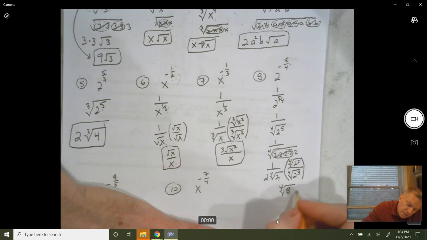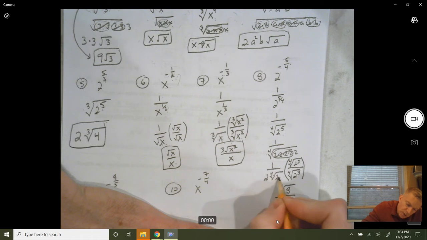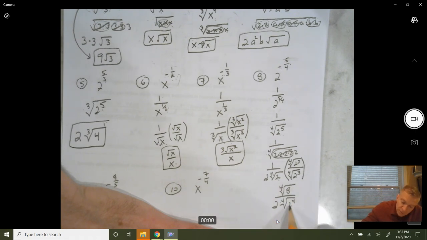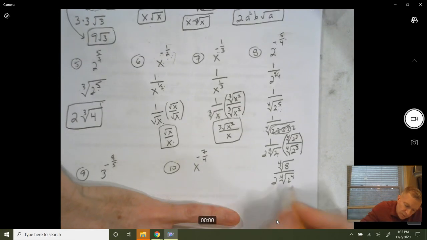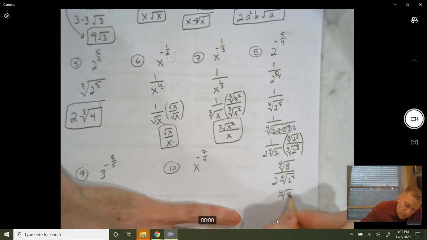And in the bottom, we have 2 times the 4th root of, these two can combine, the 4th root of 2 to the 4th. Well, the 4th root and 2 to the 4th cancel each other out, and you're just left with another 2. So we've got the 4th root of 8 over 2 times this 2, so 4.